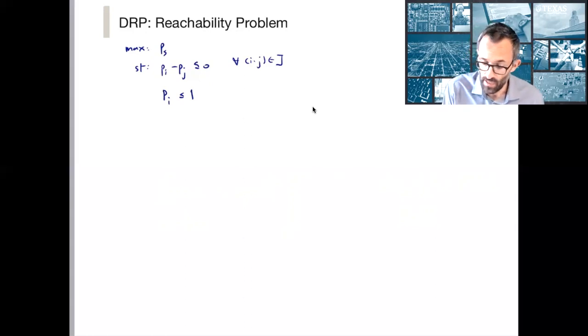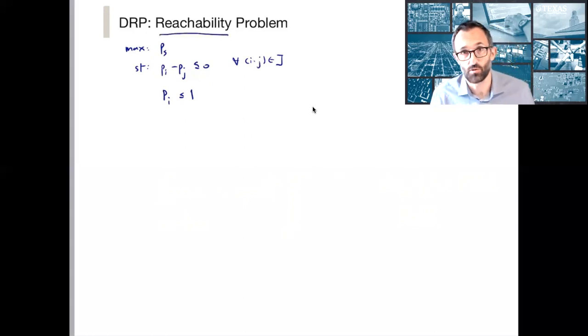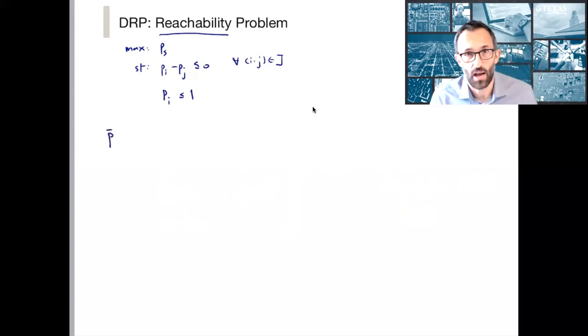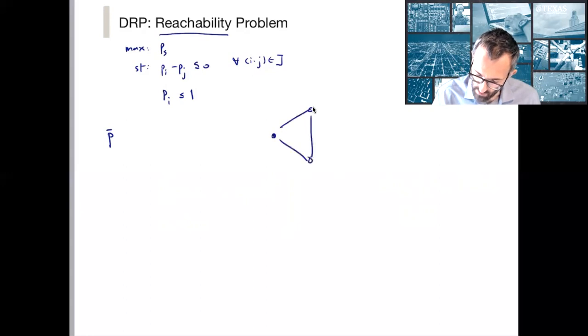It's essentially, as the title of the slide suggests, a reachability problem, and we can just essentially look at it and see what the solution is. So the solution, P bar, again, how can we see that? Well, all Pi have to be less than 1. So I want to maximize, so I want to make PS equal 1. And if I make PS equal 1, right, so this is my graph here.